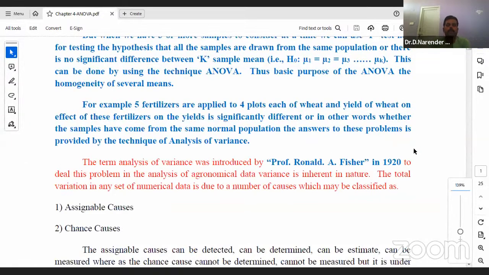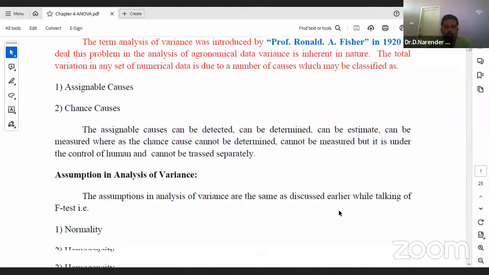The term analysis of variance was introduced by Professor Ronald A. Fisher. You have to remember this name, Professor Ronald A. Fisher, in 1920 to deal with this problem in the analysis of agronomical data. Variance is inherent in nature. The total variation in any set of numerical data is due to a number of causes which may be classified as assignable causes and chance causes.